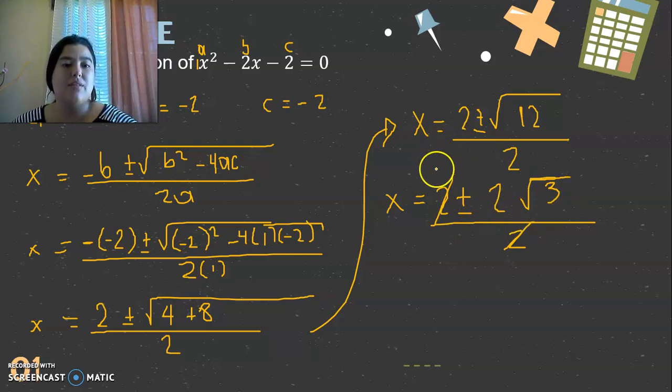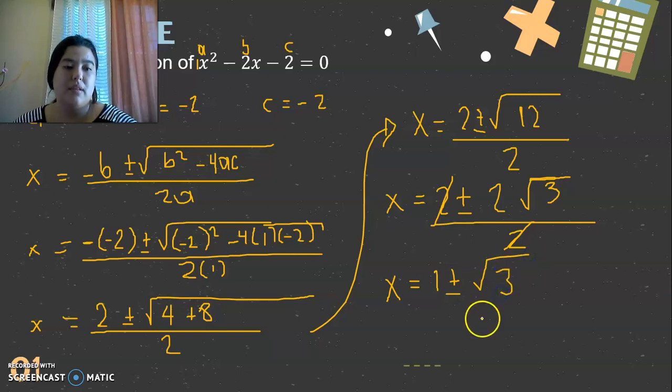2 has to go to the other side of positive and negative, so it passes as 1, okay? So x equals 1, positive or negative square root of 3, and this is our solution, okay?